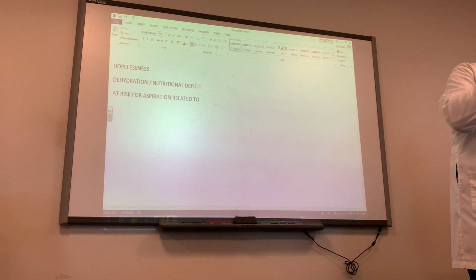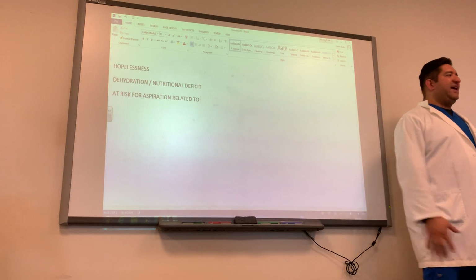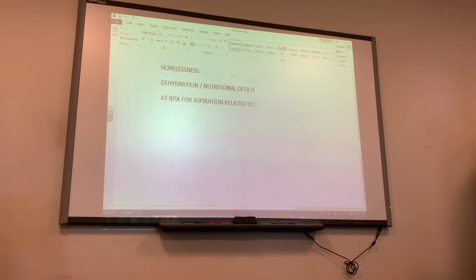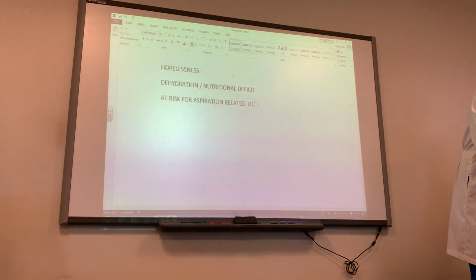Dementia patients, eventually this starts going away. So what is this at risk of aspiration due to? At risk for choking. We don't want to use the word choking. If I'm gonna blame it, okay, dysphagia. Okay, so let's go with that.